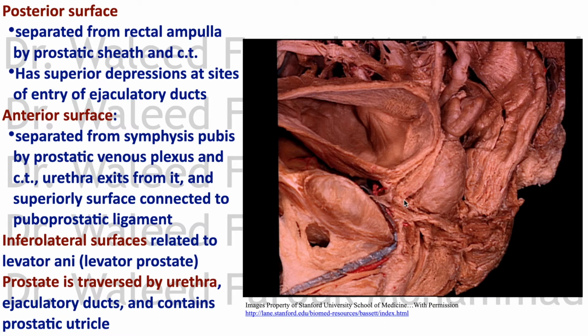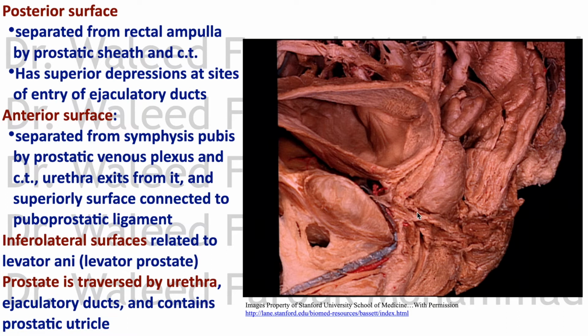The anterior surface is separated from the symphysis pubis by connective tissue and by the puboprostatic ligament, and by the prostatic venous plexus. You can see here the deep dorsal vein of the penis entering to drain into the prostatic venous plexus here, and covering also the fascia of the infralateral surface.